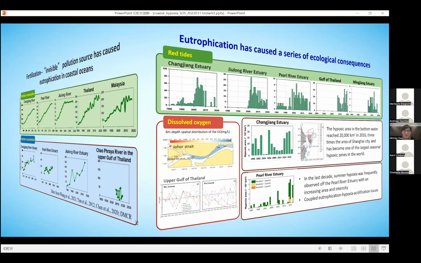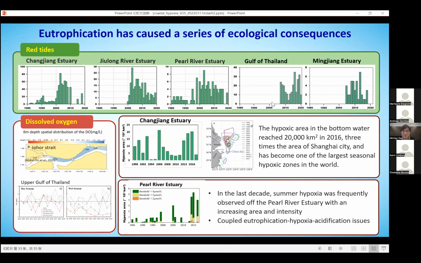And then it caused serious ecological consequences, including hypoxia. I won't repeat it again.